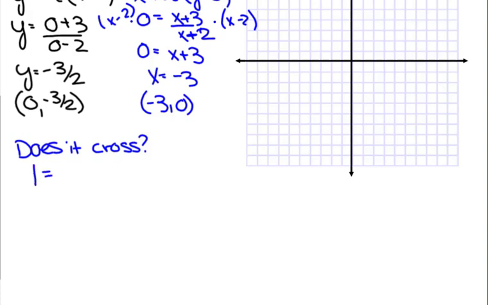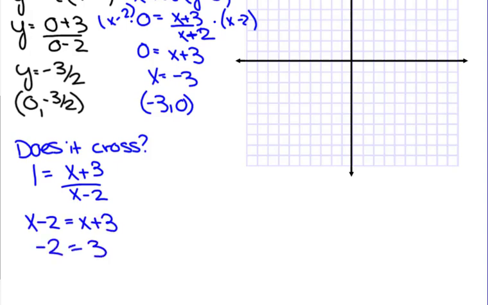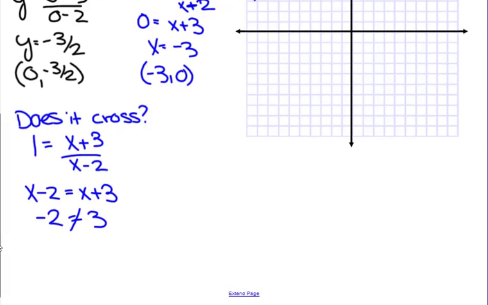So if 1 is equal to our function, well, if I multiply both sides by x subtract 2, I get x subtract 2 is equal to x plus 3, and I get negative 2 is equal to 3. Well, that's not true. Because that's not true, therefore, no, it doesn't cross.